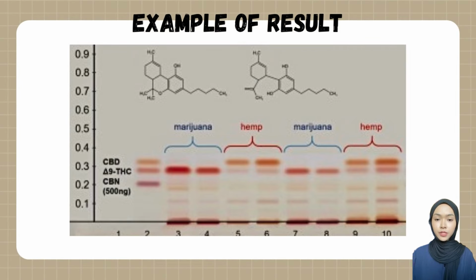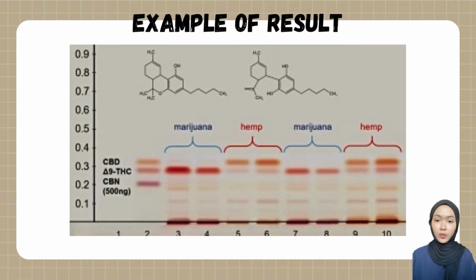Now, let's proceed to the first TLC result, where marijuana and hemp extract are analyzed side by side. On the TLC plate, both samples are spotted onto the silica gel surface, one lane for marijuana and another for hemp. The plate is then placed in a developing chamber with a selected solvent. As the solvent moves upward, it carries the compounds along. After development, the plate shows distinct spots for each sample.